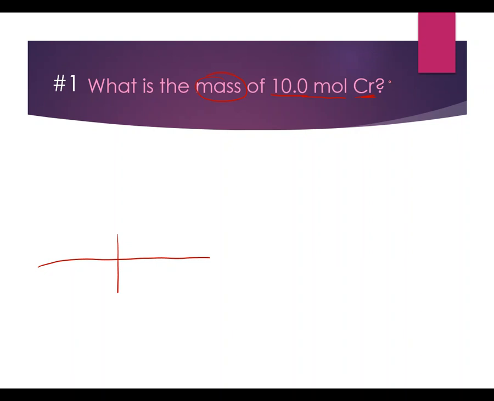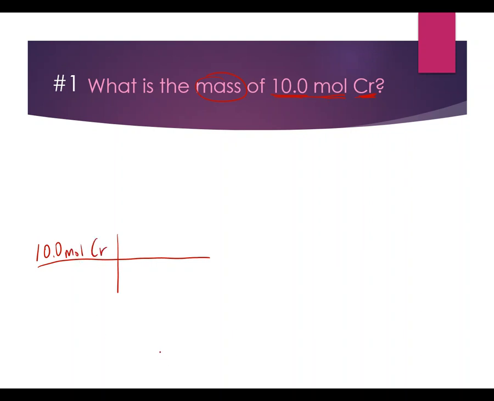But when we had a regular dimensional analysis conversion problem back from Unit 2, what always goes in the upper left corner? What do we always start with when we're setting up our conversion? The given information, which happens to be 10 moles of chromium. So that's what I'm going to write here, 10 moles of chromium.